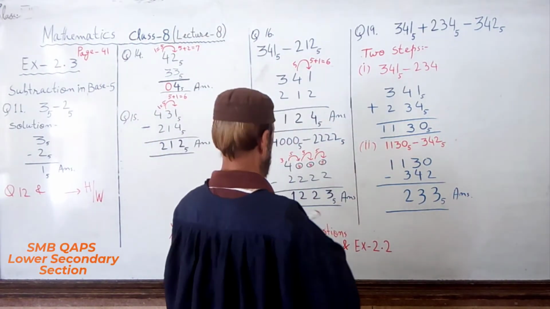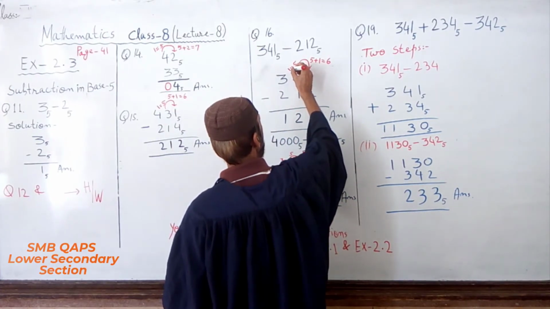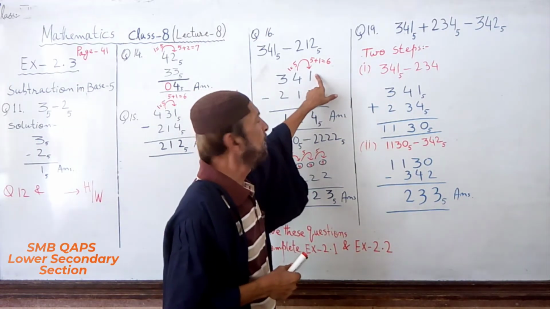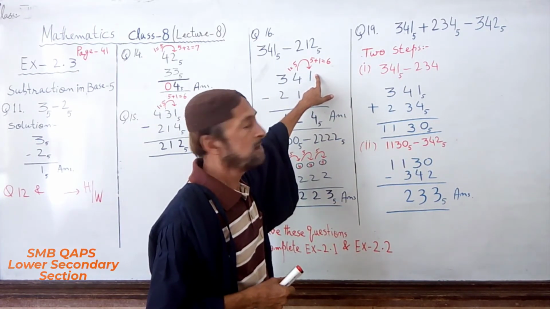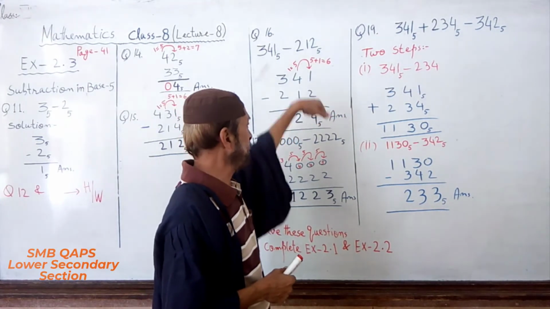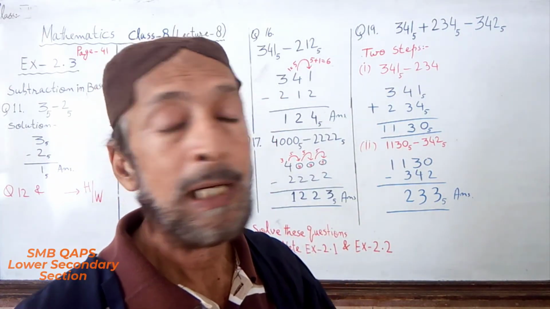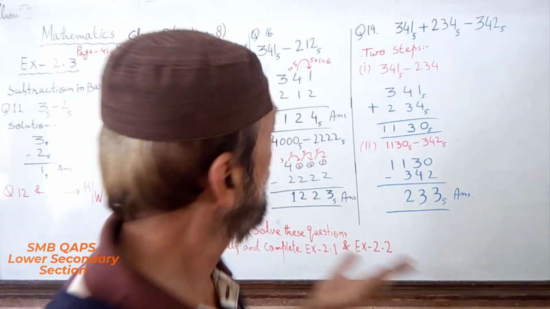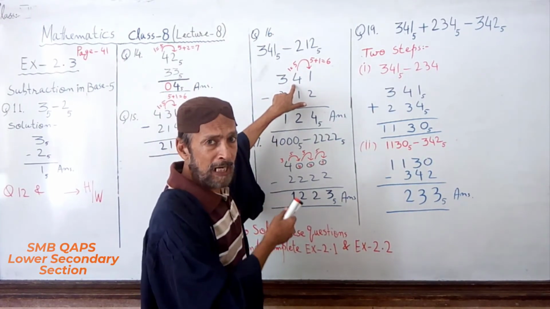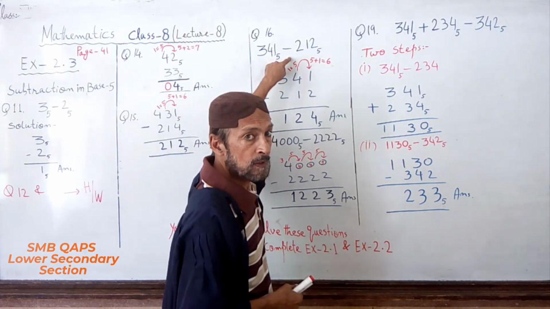So, 1 and 2, you cannot subtract. One is small and 2 is big. So take one carry from left hand side. This carry will be equal to 5.